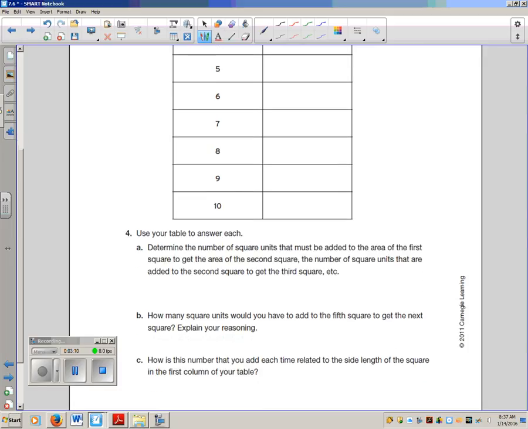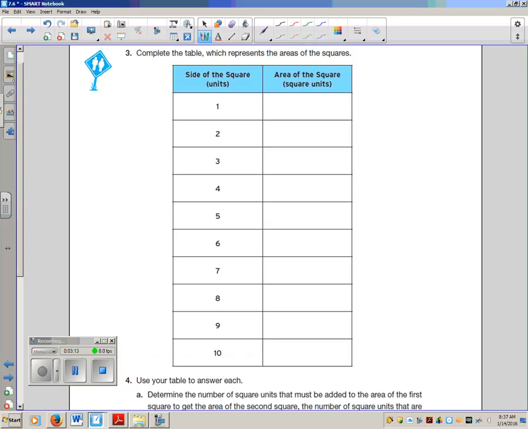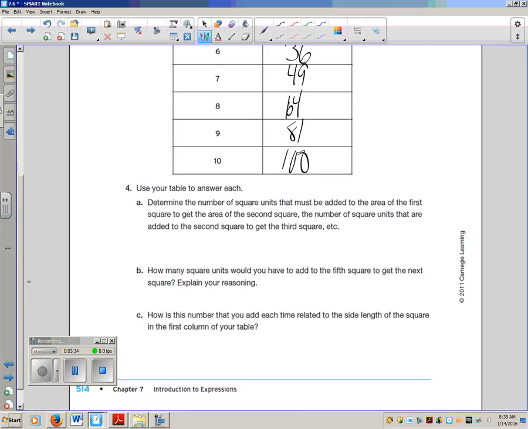Next page, we're going to fill out the chart. If it has a side of 1, the area is 1. Side of 2, 2 by 2, it's 4, 9, hopefully these look familiar, 16, 25, 36, 49, 64, 81, and 100. Determine the number of square units that must be added to the area of the first square to get the area of the second square.